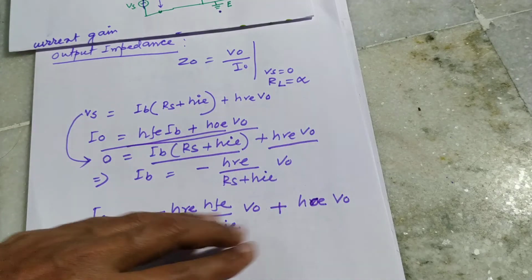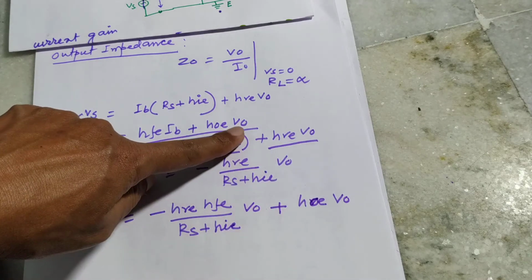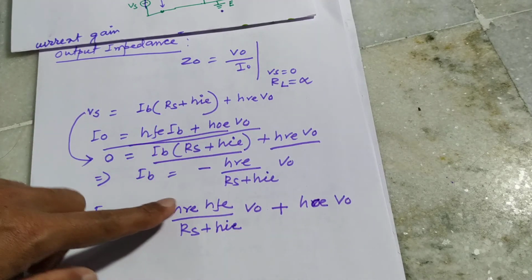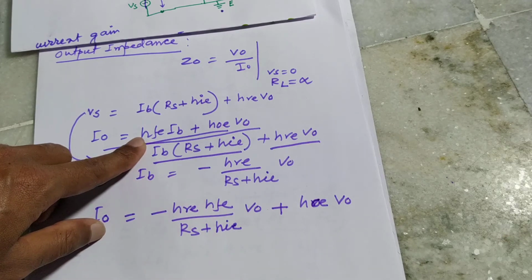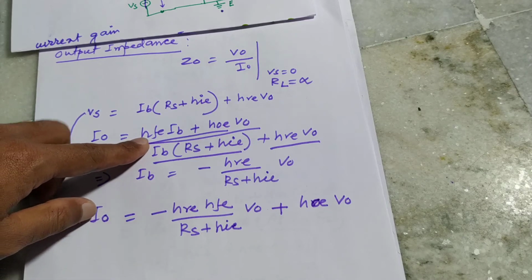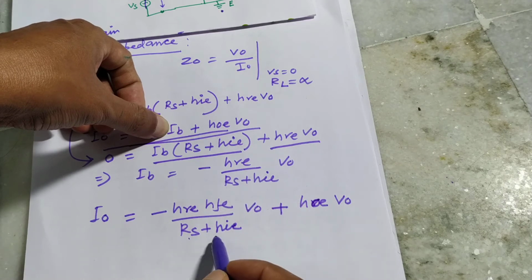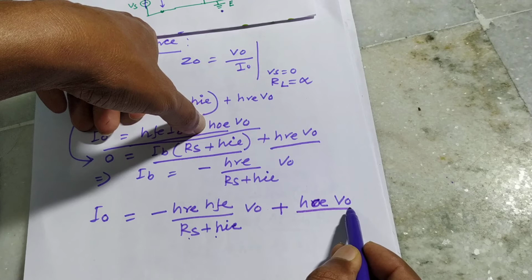Actually I am writing this expression. Here substitute the value of IB. So HFE into IB means HRE by RS plus HI into V0, and already there is HOE V0.